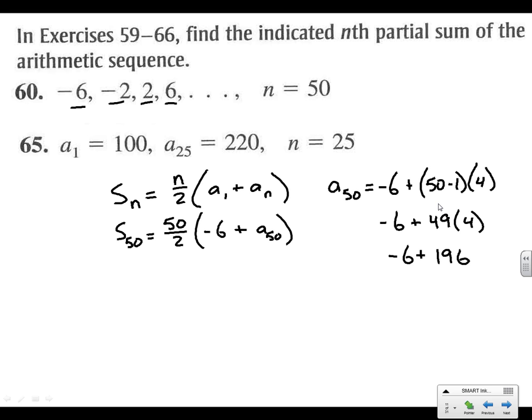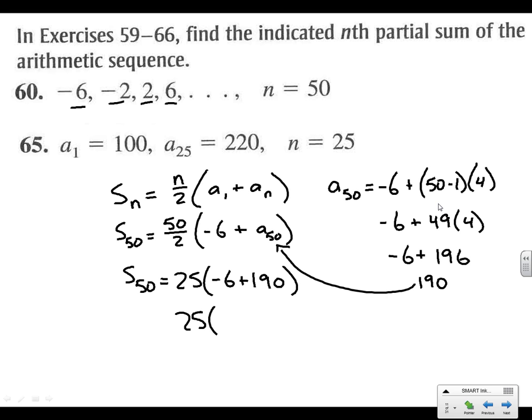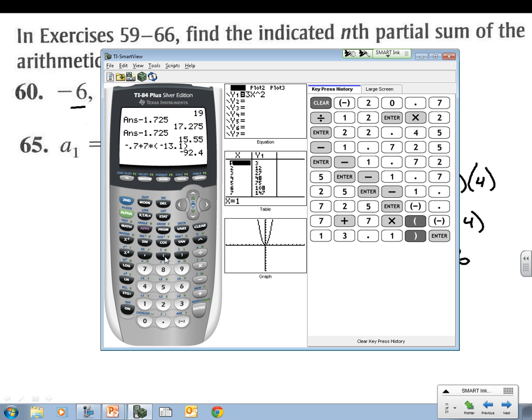And so put those together, we get 190, which we can throw in here for a sub 50. So the sum of the first 50 terms is going to be 25 times negative 6 plus 190. And so let's put those together and we'll get 184. And so whatever 25 times 184 is, let's see. 4,600 would be our answer for 60.